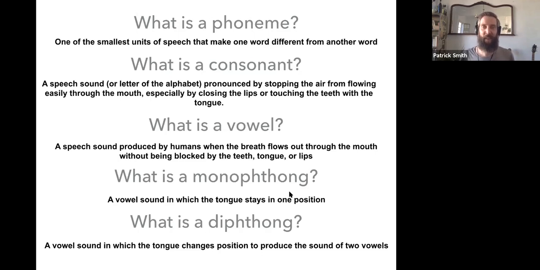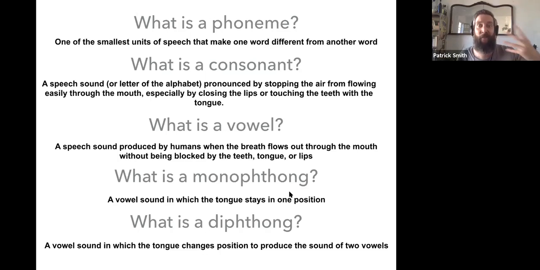Okay, so just to recap or to review before we move on to the phonetic alphabet, we had a phoneme, which is one indivisible unit of sound. We had consonants, which stop the airflow: l, p, k, r, s, etc. We had vowels, which we form with an open mouth and allow airflow.